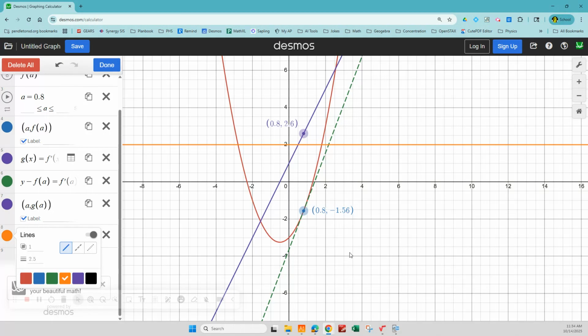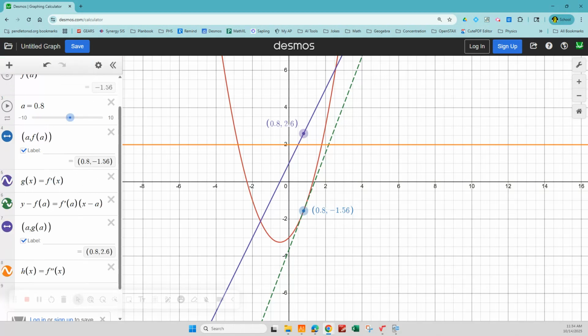Wait, so the slope of the first derivative is always equal to the y-intercept of the second derivative? Okay, no. The slope of the first derivative is given by the derivative of the first derivative, which is the second derivative. Okay, right?